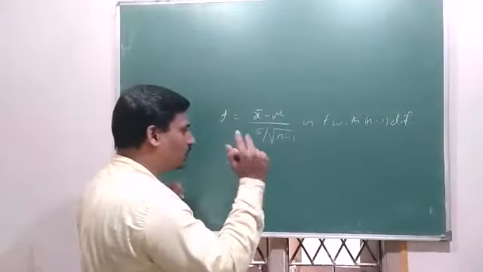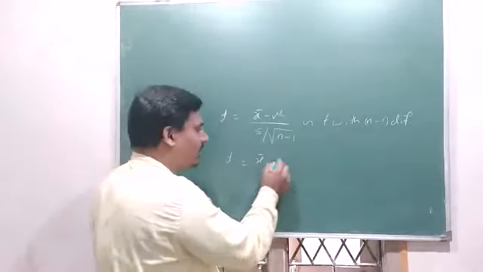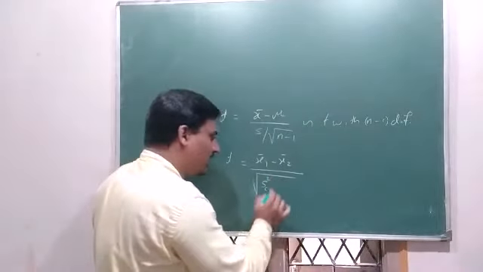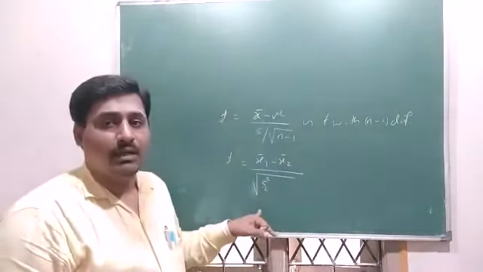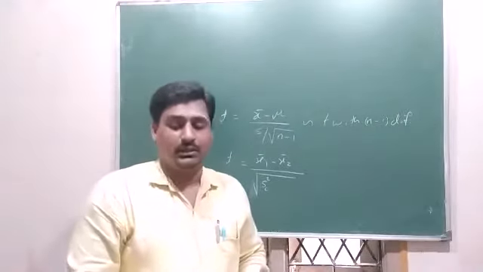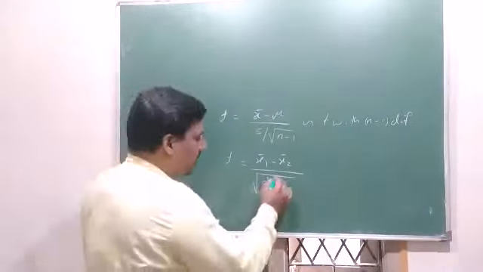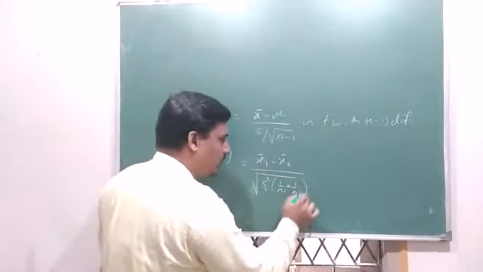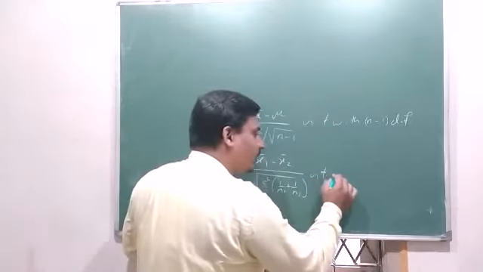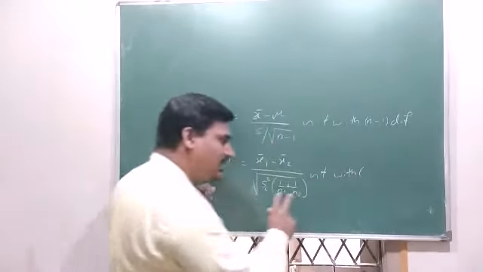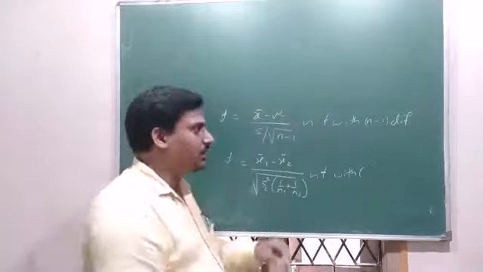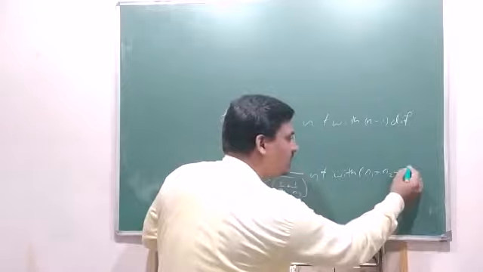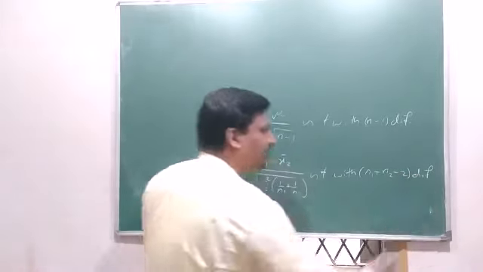So T test for two populations, x bar 1 minus x bar 2 divided by root of S square, that is combined standard deviation of both the samples, into bracket 1 divided by n1 plus 1 divided by n2, tends to T with, as here we are taking two samples, n1 plus n2 minus 2 degrees of freedom.